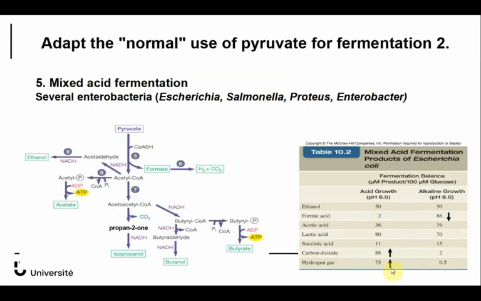And these can be used by methanogens. This is where the source of methane in the guts of ruminants comes from. So it's this mixed acid fermentation which gives, as fermentation products, a mixture of hydrogen and CO2, and these can be used by methanogens.